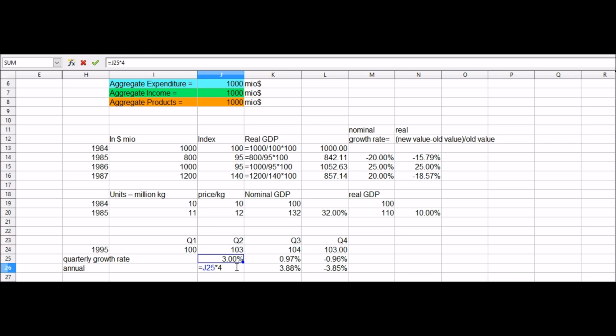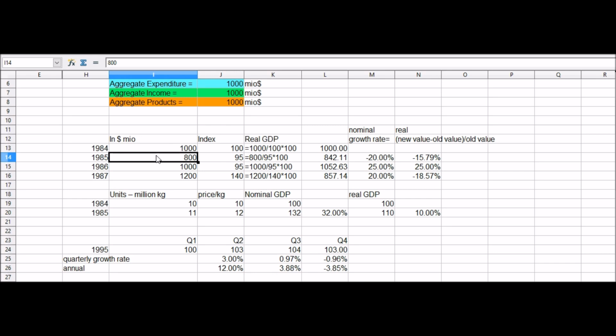So let's look at our example here. In 1984, the absolute GDP number in our hypothetical economy was $1,000 million. In 1985, this figure dropped to $800 million. Now, this number on an absolute basis really doesn't tell us much.